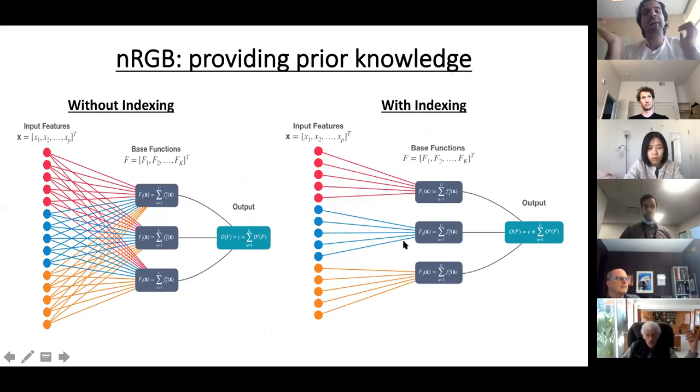Okay, so the first thing we wanted to investigate is, if we give prior knowledge to our algorithm, can we perform better? And what prior knowledge is that? Well, we know that the variables can be grouped together.